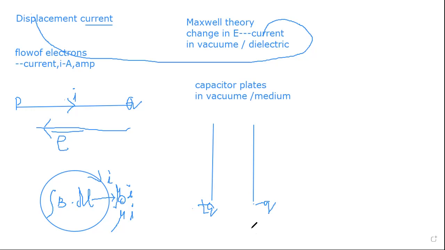This is an example of how a change in electric field produces current. This is the gap between the two plates of the condenser. The gap may be filled with a gaseous substance, a liquid, or a sheet of wax, paper or plastic. The substance placed between the two plates of the capacitor is called a dielectric medium.